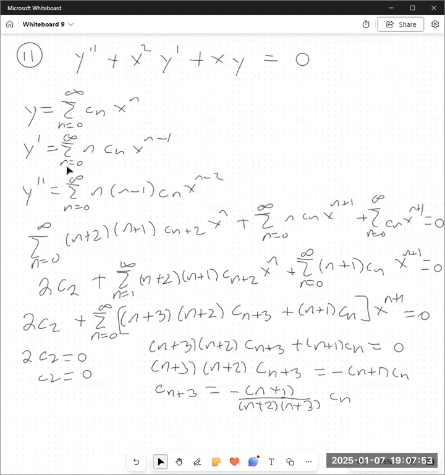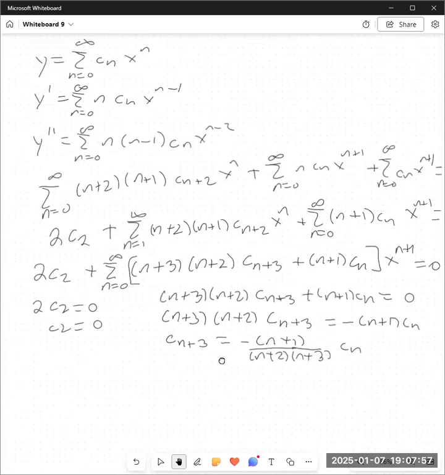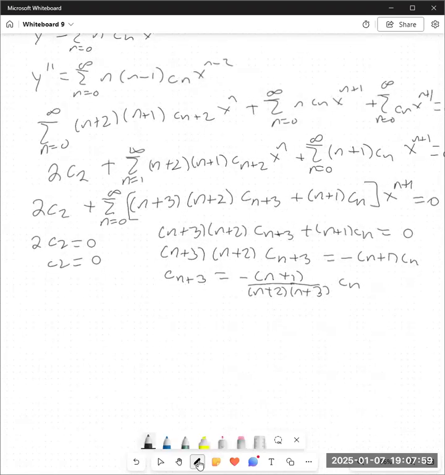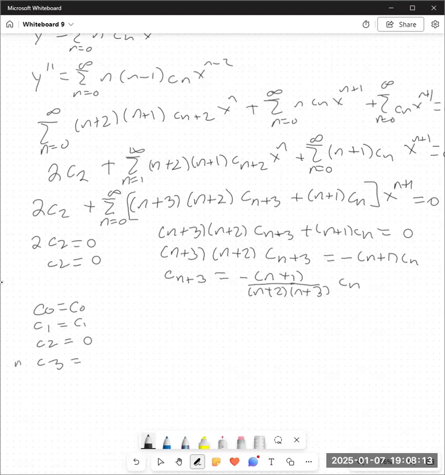All right, let's take a look at what those coefficients come out to be. C0 is going to be C0, C1 is going to be C1, C2 is 0, C3 is going to be, when n equals 0, negative 1 over 6 C0.